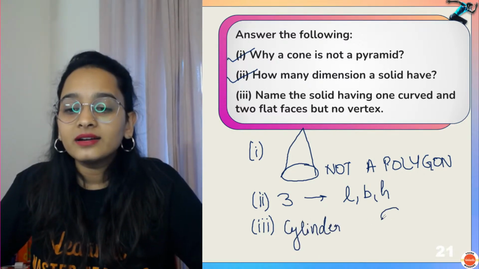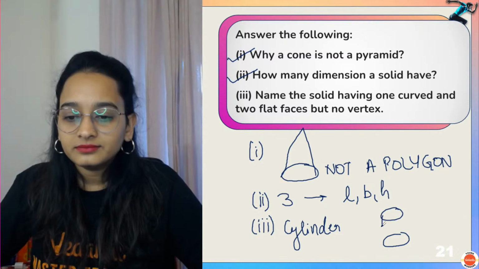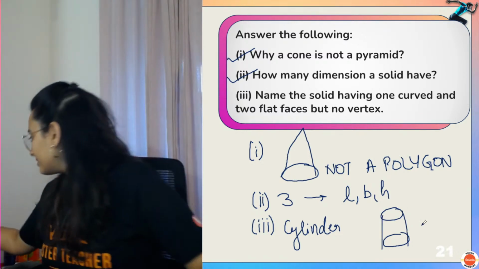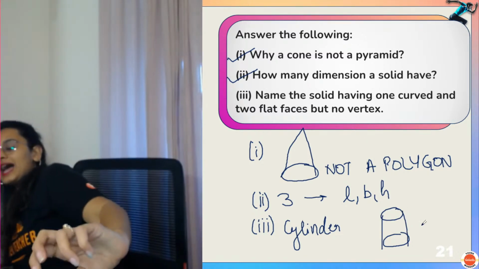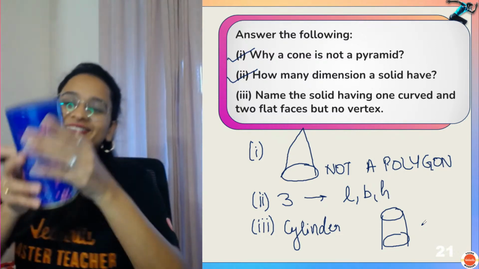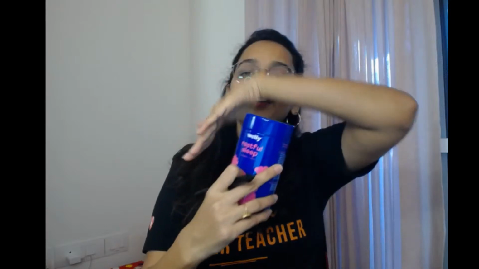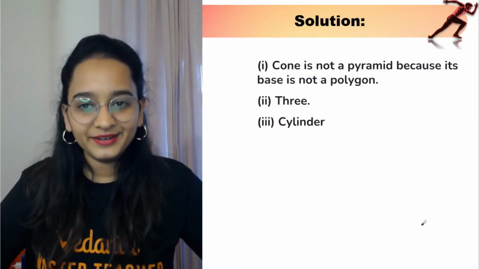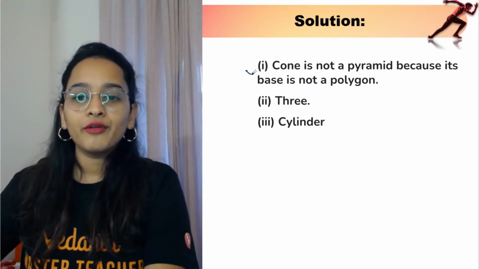It has one curved surface, that's the body, and a flat top and a base. I have a cylinder here with me. Not the kitchen cylinder, but yeah, look at this. This is a cylinder. It has a curved surface and a flat top and bottom. They are flat, right? So this is an example of a cylinder.